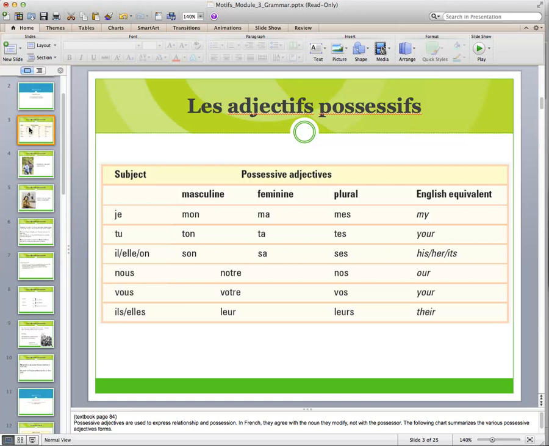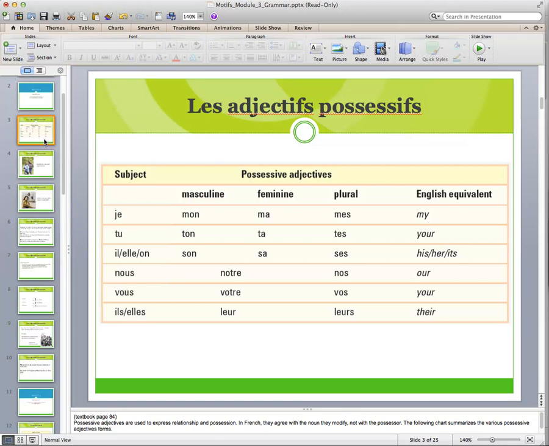If I'm talking about my father, because father is masculine, I will say mon père. If I'm talking about my mother, because mother is feminine and singular, I would say ma mère. But if I'm talking about my parents, because parents is plural, I would say mes parents.